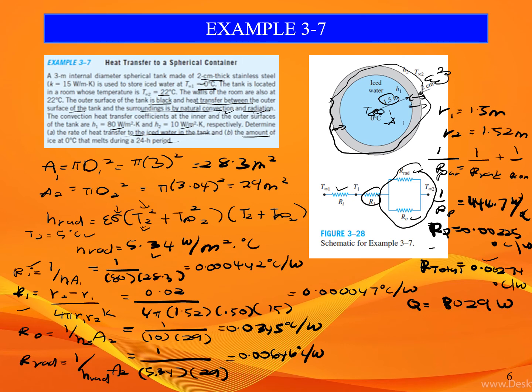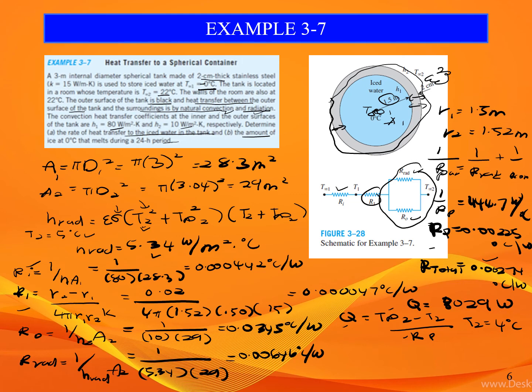We put it inside the calculation: Q equals T infinity 2 minus T2 over R parallel. Just now we have these values, and lastly T2 we will get around 4 degrees Celsius. So close enough to what we assumed, so we don't have to repeat the calculation.